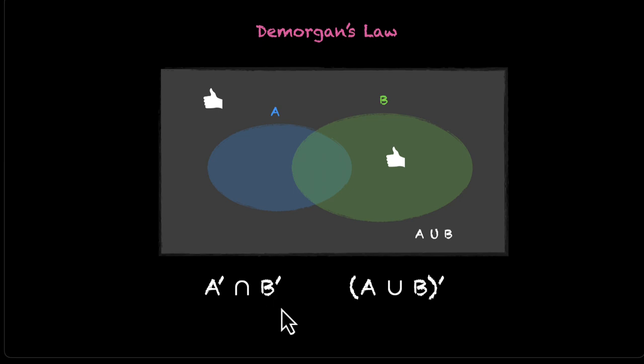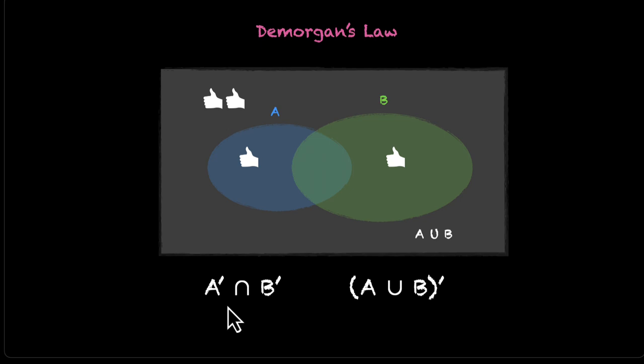Now let's look at B dash. Now we want to move outside the green zone. And where do we go? Again, we go to the gray zone, or we can go to the pure blue zone. This is your B dash. Now, if you want to take the intersection of both of them, we're looking at things that are common. Pure blue and pure green are not common, but the gray zone is common in both of them.